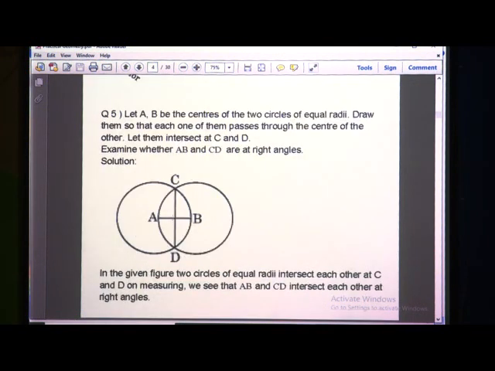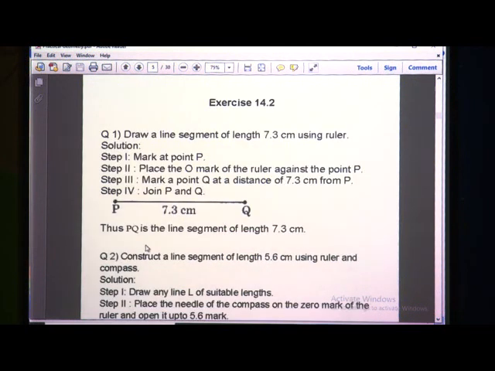So, we have drawn circles by taking the same radius, and they intersect each other at point C and point D, and when we join CD and AB, they intersect at right angles. It means these both lines are perpendicular to each other.